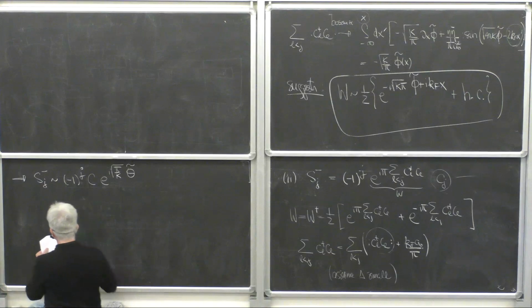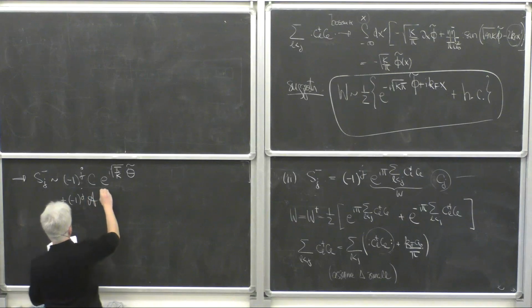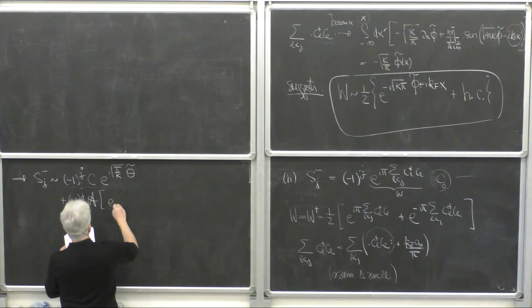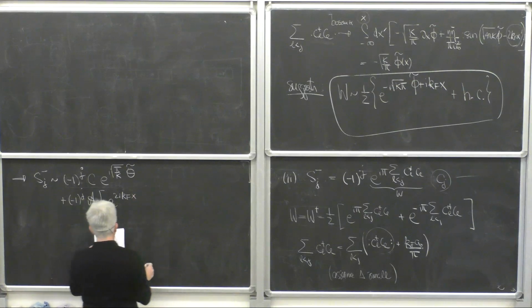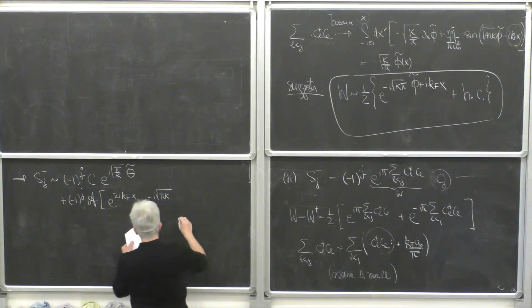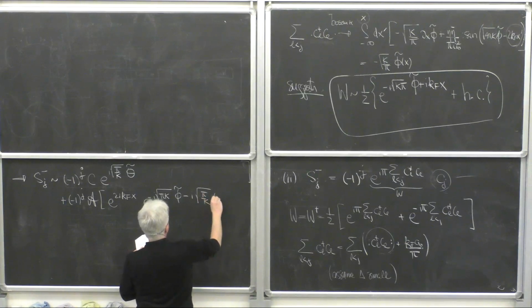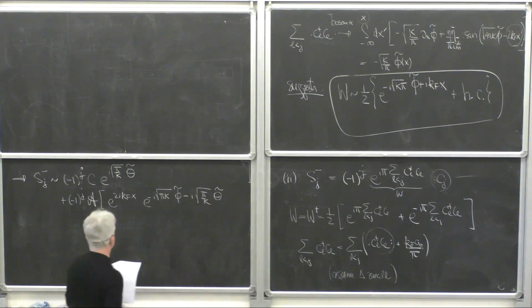That is one piece, and then the other piece is plus minus 1 to the J A e to the 2I kfx e to the minus I square root pi k phi tilde minus I square root pi over k theta tilde.